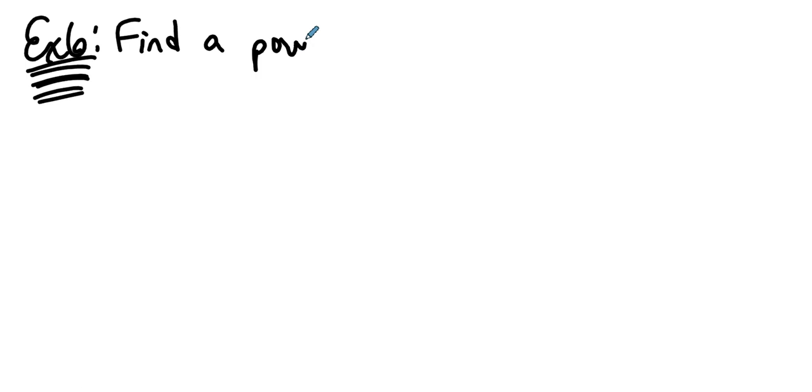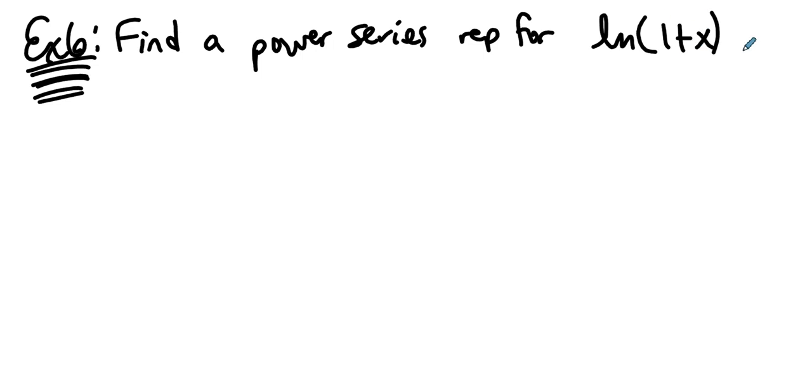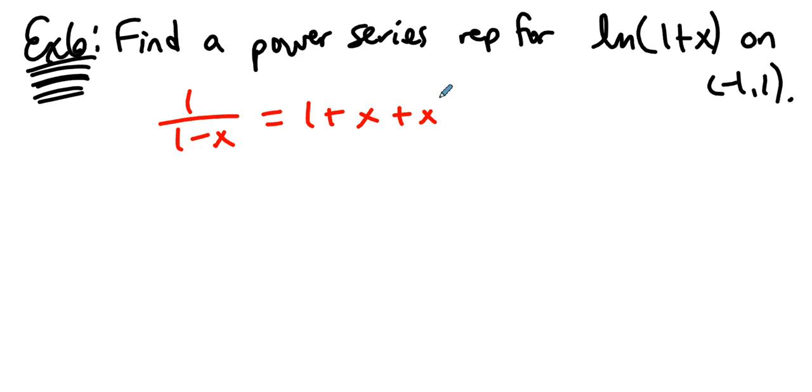Let's do one more. Let's find a power series representation for the natural log of 1 plus x on negative 1 to 1. Well, we know that 1 over 1 minus x is 1 plus x plus x squared, and it goes.